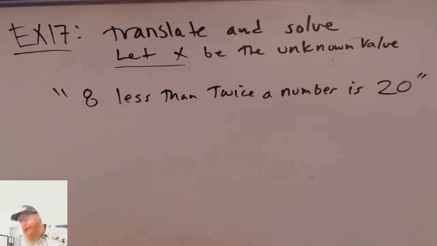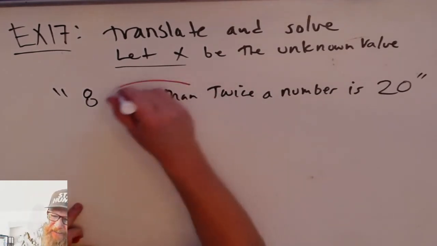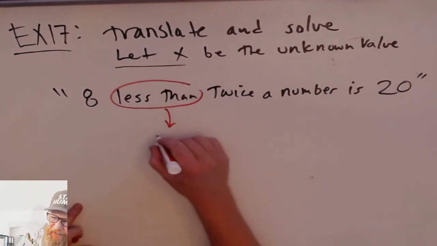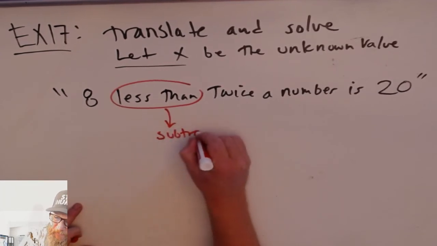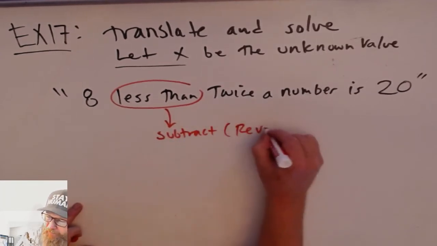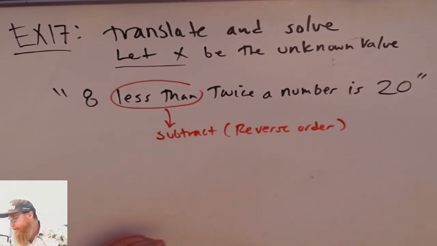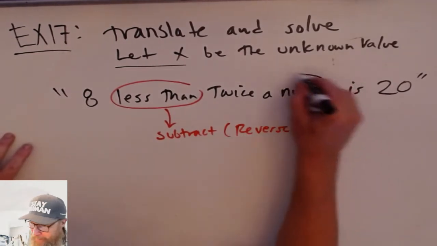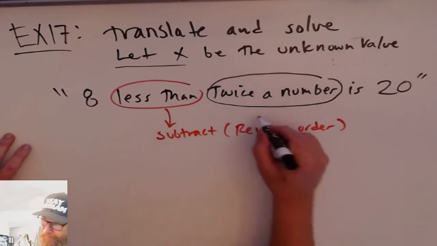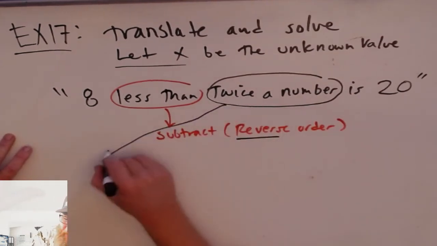All right, 8 less than twice a number is 20. Now, I said this before, and I'm going to say it again. Less than means subtract, but you must reverse the order. You've got to put it in the right order. So reverse the order.